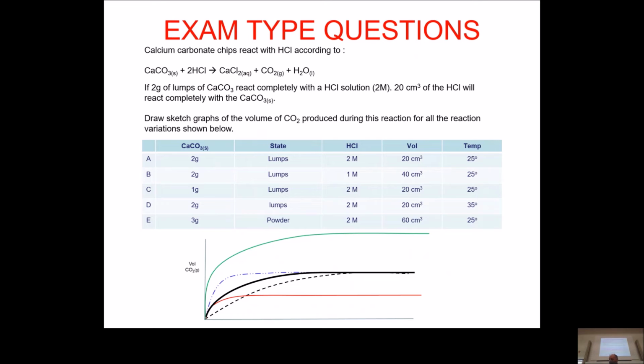So it's 5, but there's one that's different. That's fine, so we change it to yours. So decide which is A, which is B, which is C, which is D, which is E.